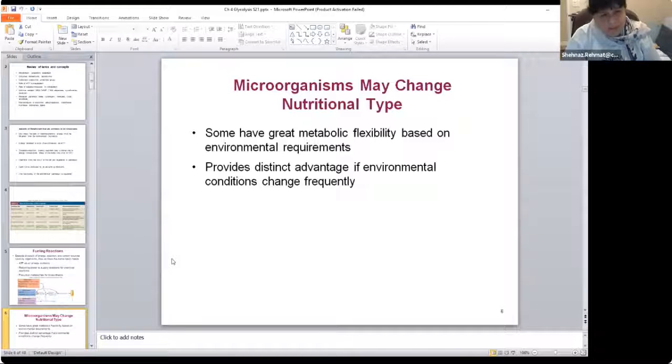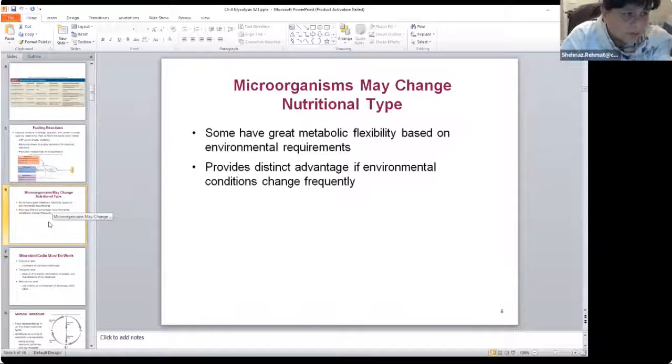So there is flexibility in bacteria in terms of their metabolic capabilities, and definitely that does occur in bacteria more easily than in eukaryotic cells. Since these bacteria are subjected to frequent environmental changes, they will have to adapt to those environments and be able to survive using whatever is being given to them, right?